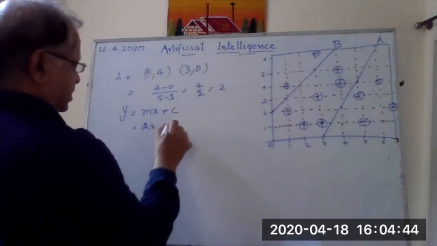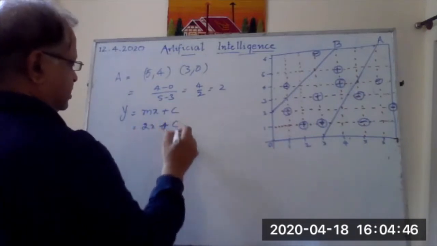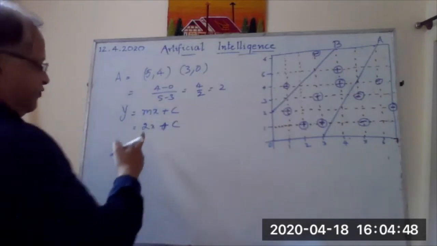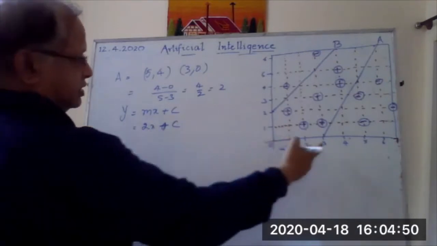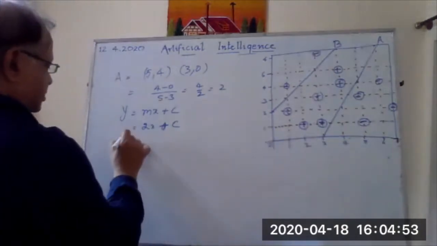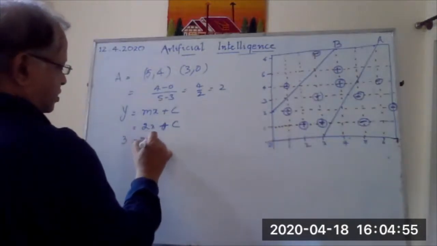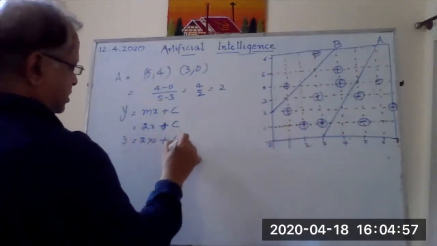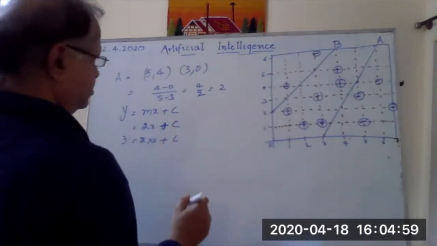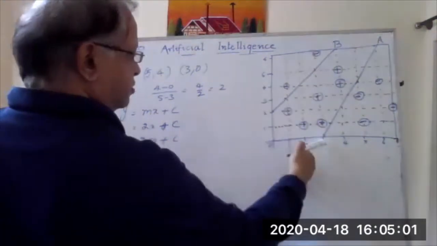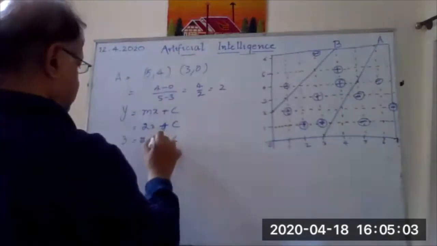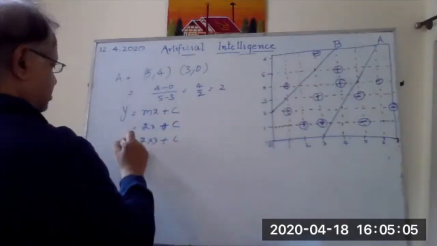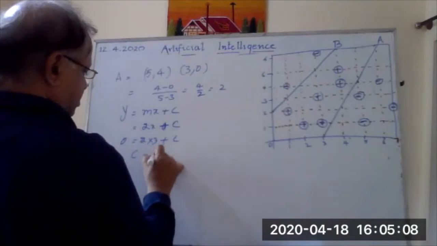So where does c actually intersect? If I take this coordinate (3, 0), x is equal to 3, y is equal to 0, that means 0 is equal to 2 into 3 plus c. That means c is equal to minus 6.